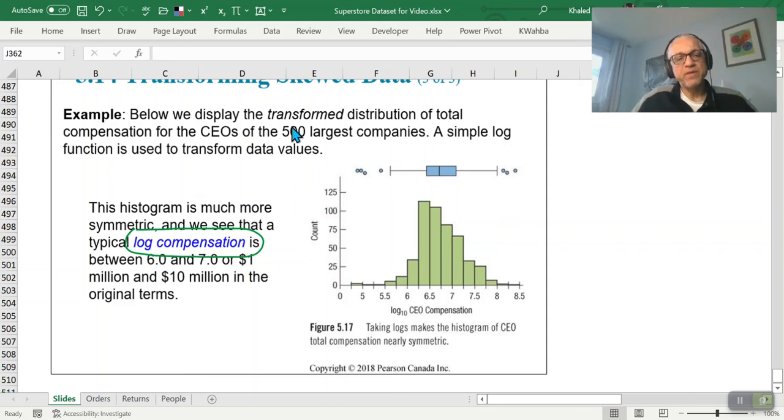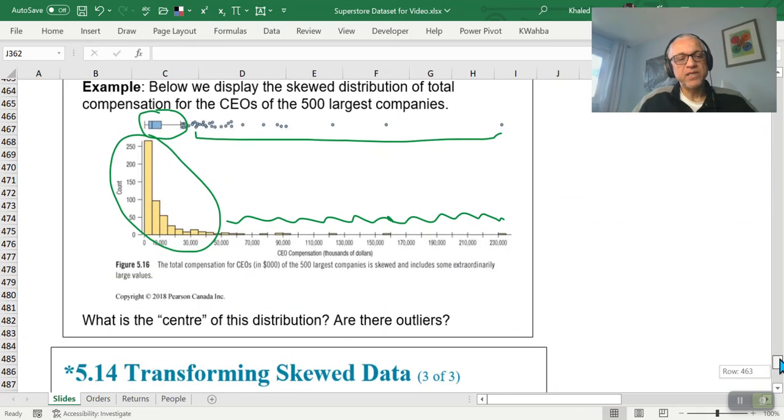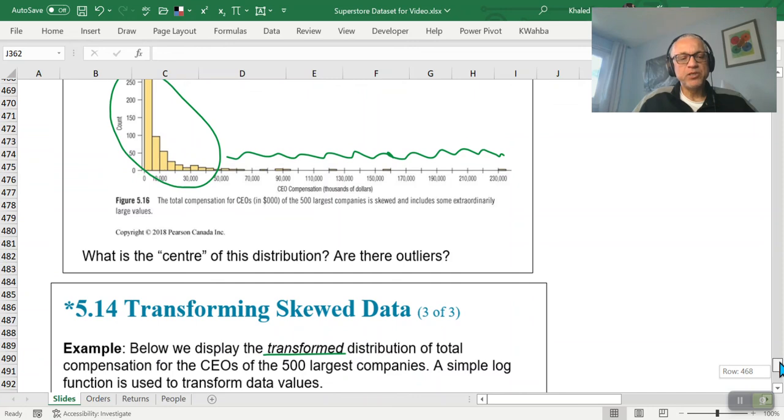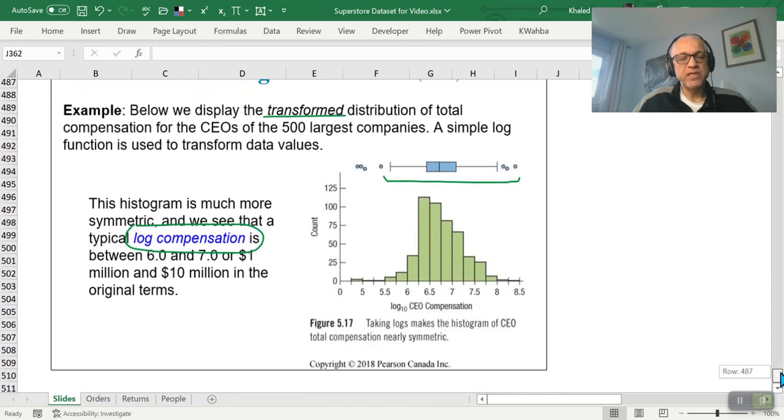So the transformed data distribution will look like this instead of the previous one. Look at the histogram, and the box plot became decent, and this is how you zoom in on your data for this kind of data. So you can see this is a very unusual situation, and if you want to zoom in to see better, the best way is to transform it, and you can see this picture.